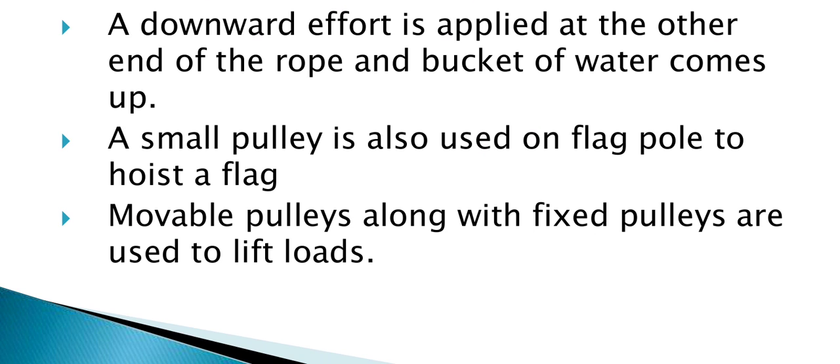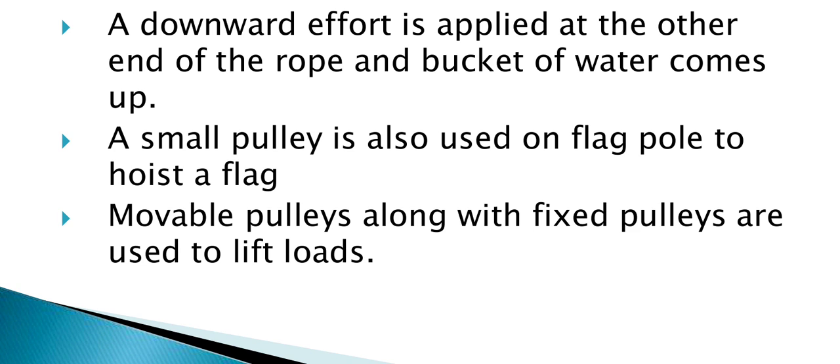Movable pulleys along with fixed pulleys are used to lift loads. In so many big machines, movable pulleys are also used, fixed with the fixed pulleys, and they can lift the loads easily.